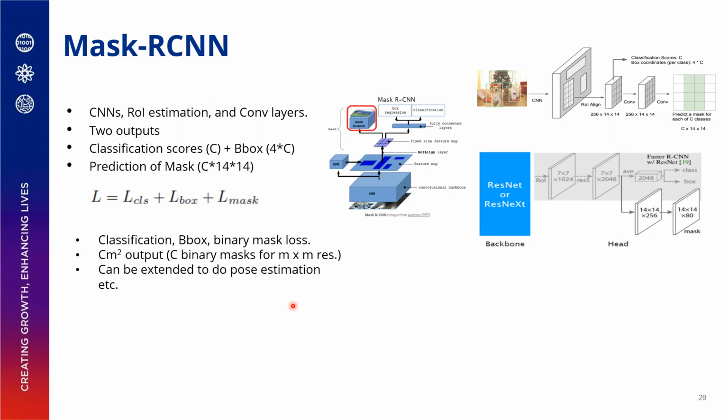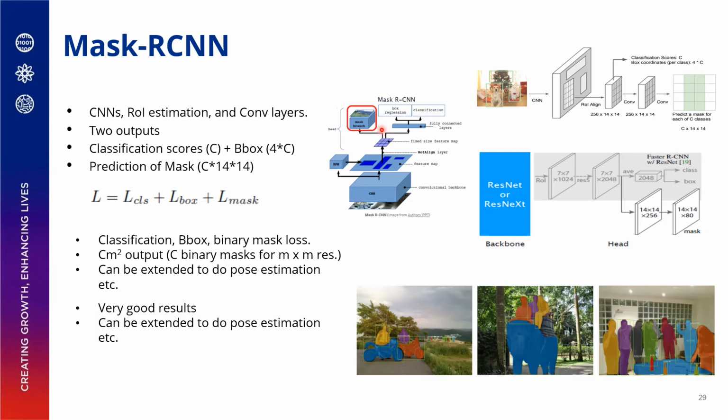Overall, this can be extended to even do pose estimation, and the results are really, really good. For the network as a whole, this part over here, Faster RCNN, does a great job of finding all the objects in the scene, and then this head for the mask branch is able to segment that region for you. That's why when you look at the outputs from Mask RCNN, you tend to see these bounding boxes.